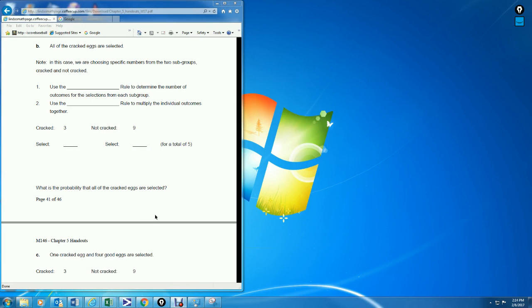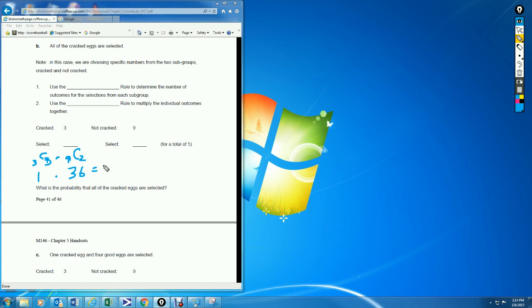So in other words, I've got... sorry, we already did both of those calculations. 3C3, which is 1, times 9C2, which is 36.